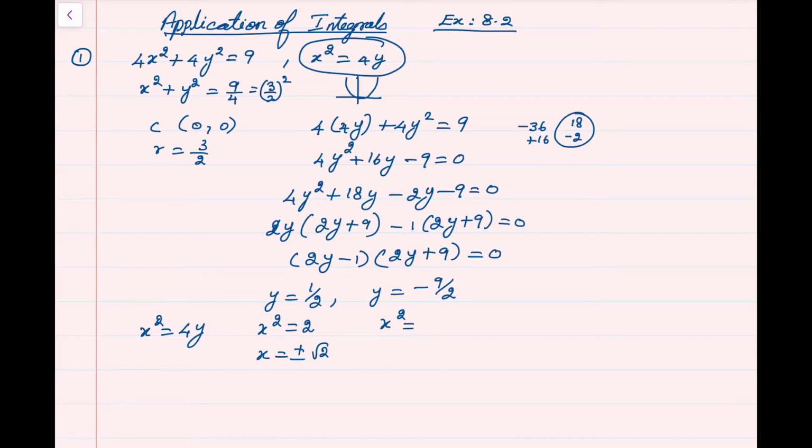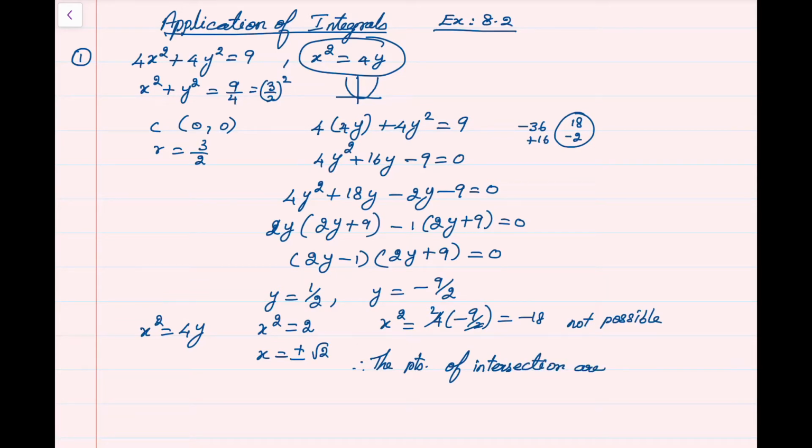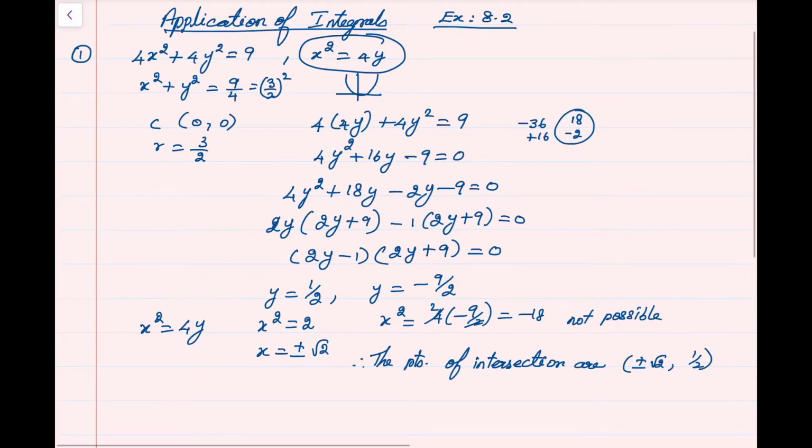Here x square is 4 times minus 9 by 2, which is minus 18, not possible. The reason is square of a number cannot be negative. Therefore, the points of intersection are, write the x coordinate first, plus or minus root 2, comma half.